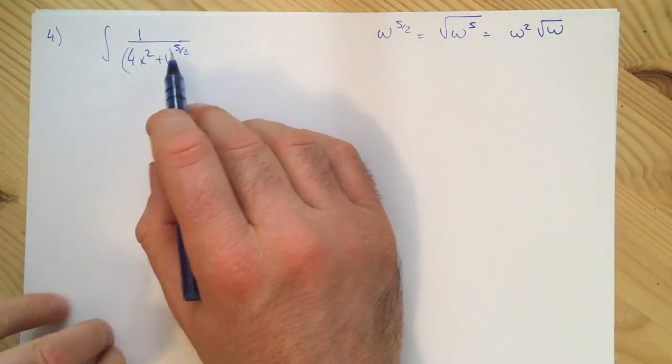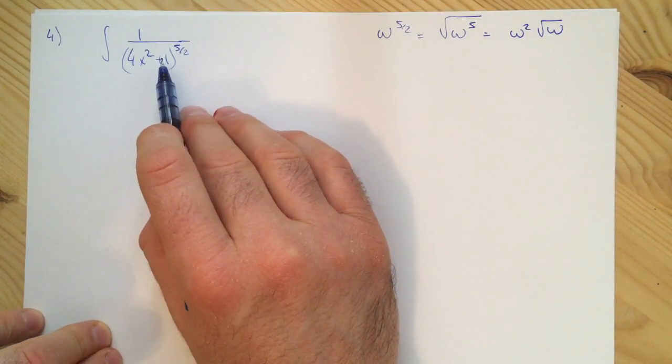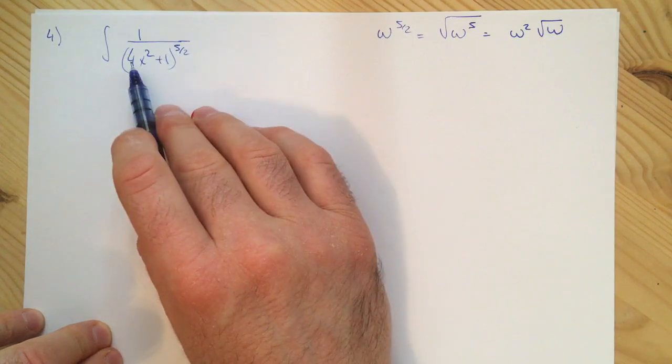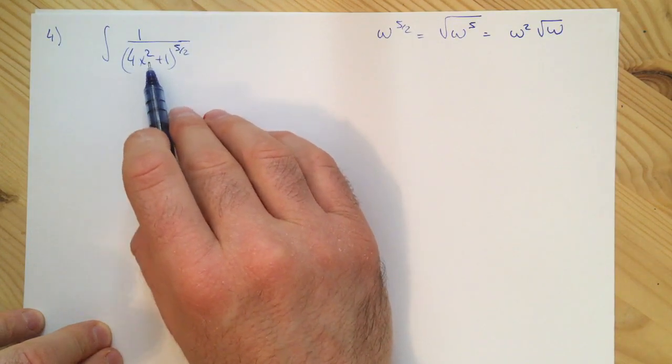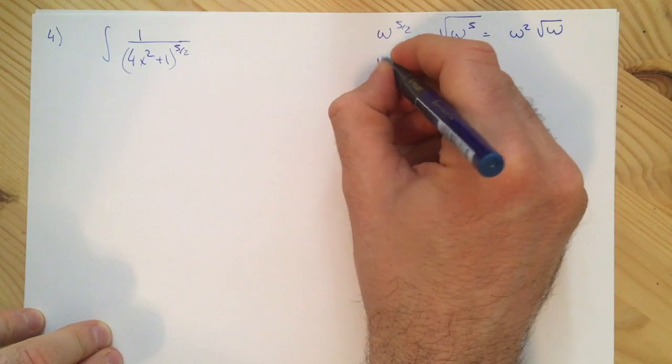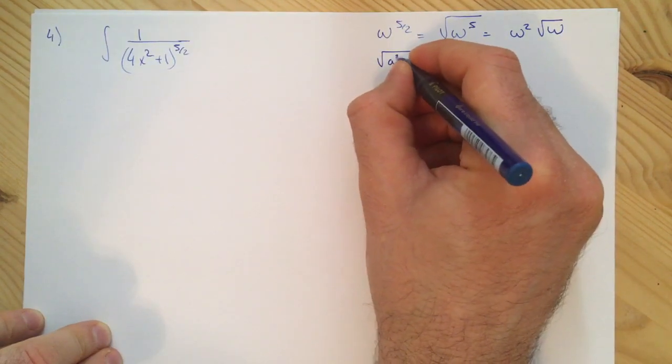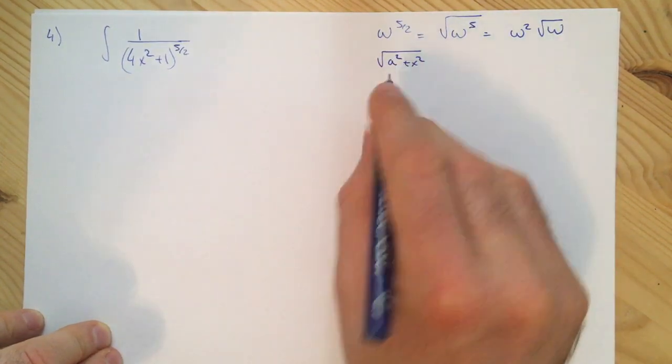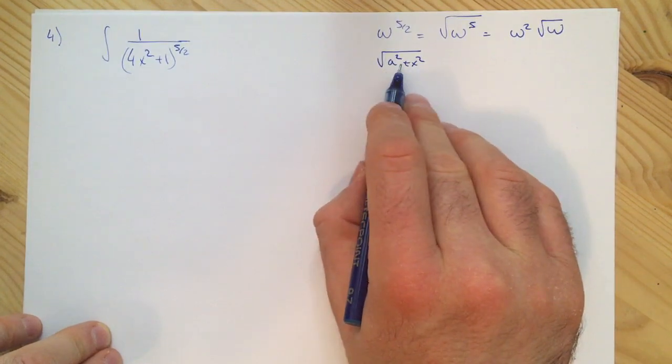So basically, this expression involves the square root of 4x squared plus 1, which is the square root of a sum of squares.